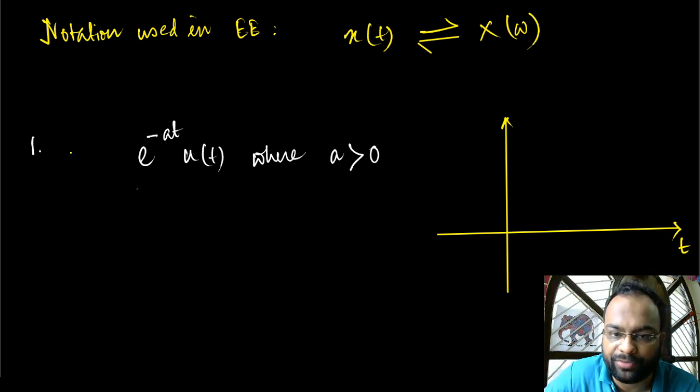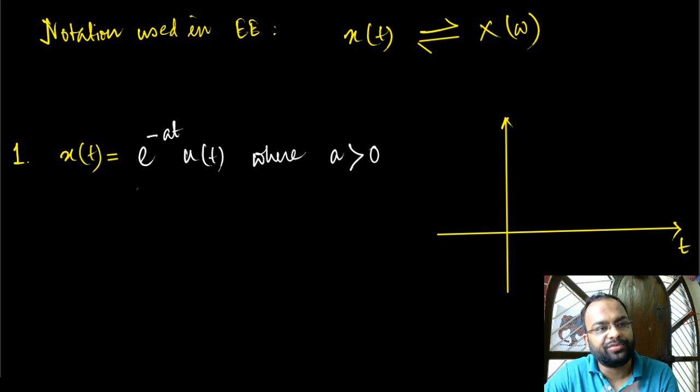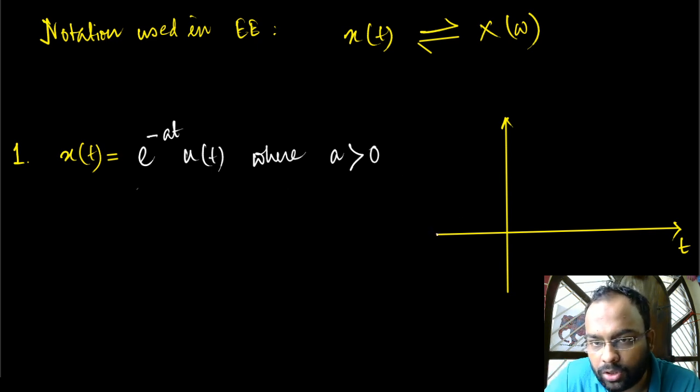This is my x(t), for example. We are calculating X(omega), trying to figure out what frequency components are present in it. Again, this is not a periodic signal. Just because we have u(t), this signal would be 0 before t equal to 0. So this signal would be 0 here.